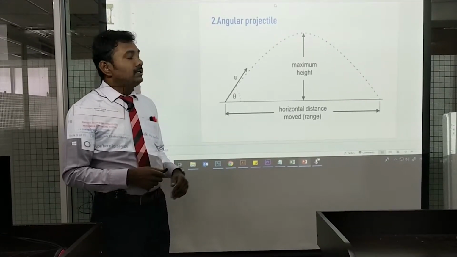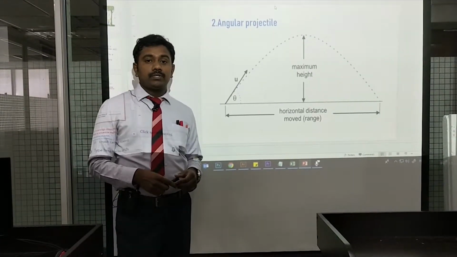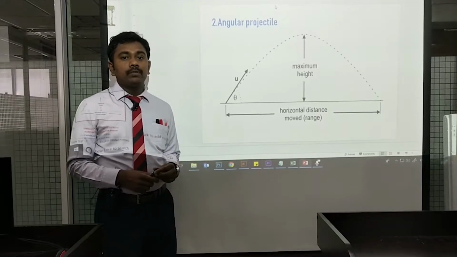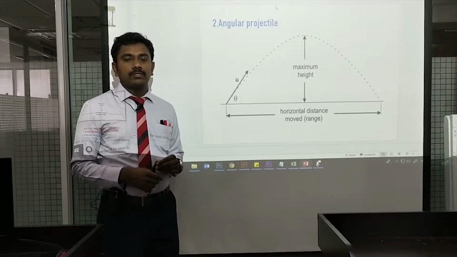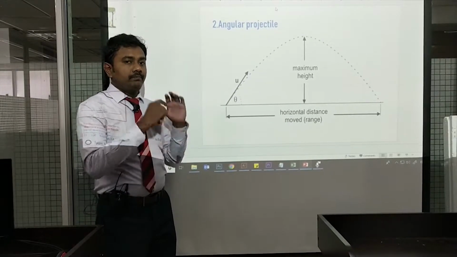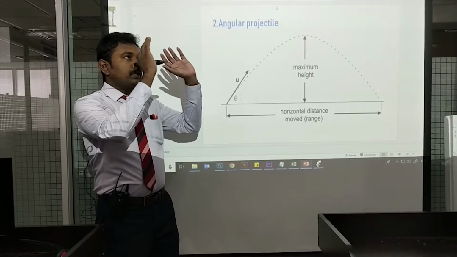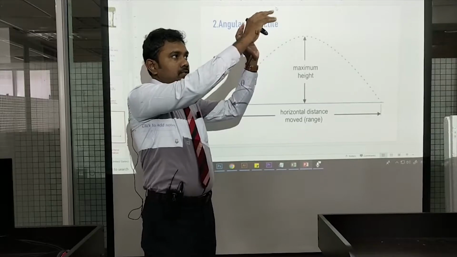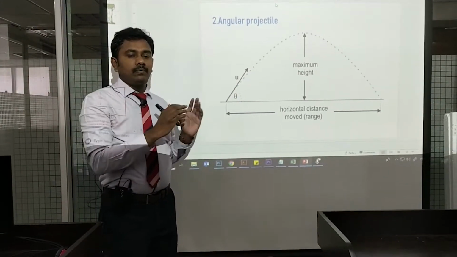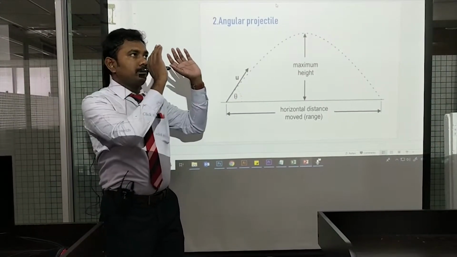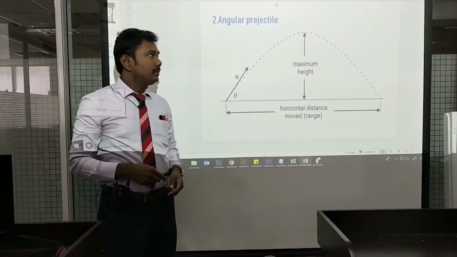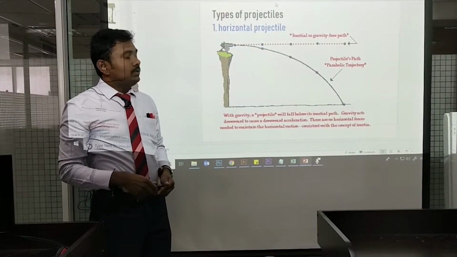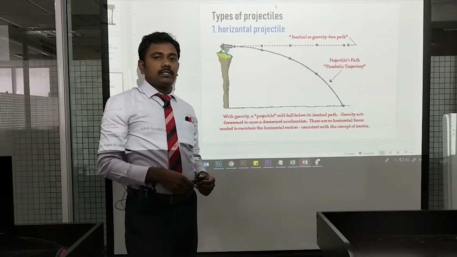Examples of the angular projectile: a person kicks a football into the goal, or a basketball player pushes the ball into the basket. Now, look at the examples for the horizontal projectiles.